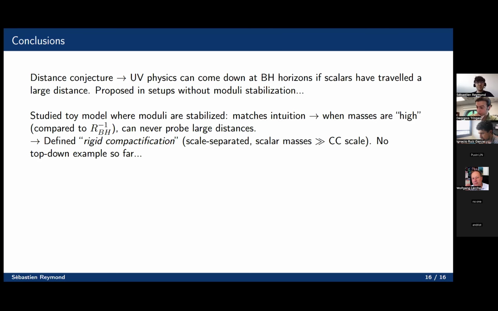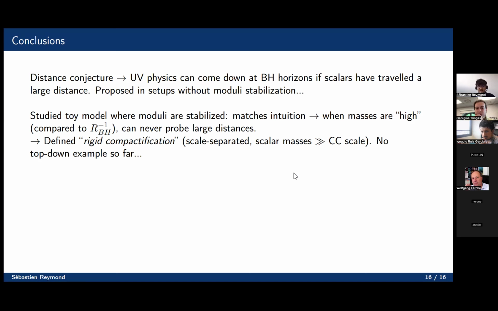So first, we studied a toy model where the moduli are stabilized, where the main result is that this matches our intuition. When the masses are high compared to the inverse black hole size, you can never probe large distances. This led us to define rigid compactifications, which are scale separated and where the scalar masses are much higher than the CC scale. But as I said, there's no top-down example so far.